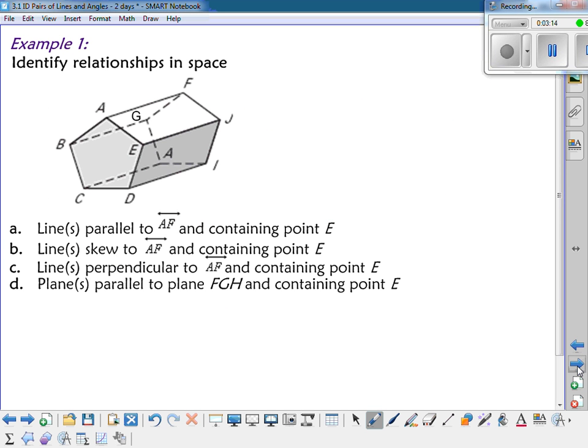So for example 1, we want to be able to identify relationships in space. We want to be able to tell if lines and planes are parallel or skew.